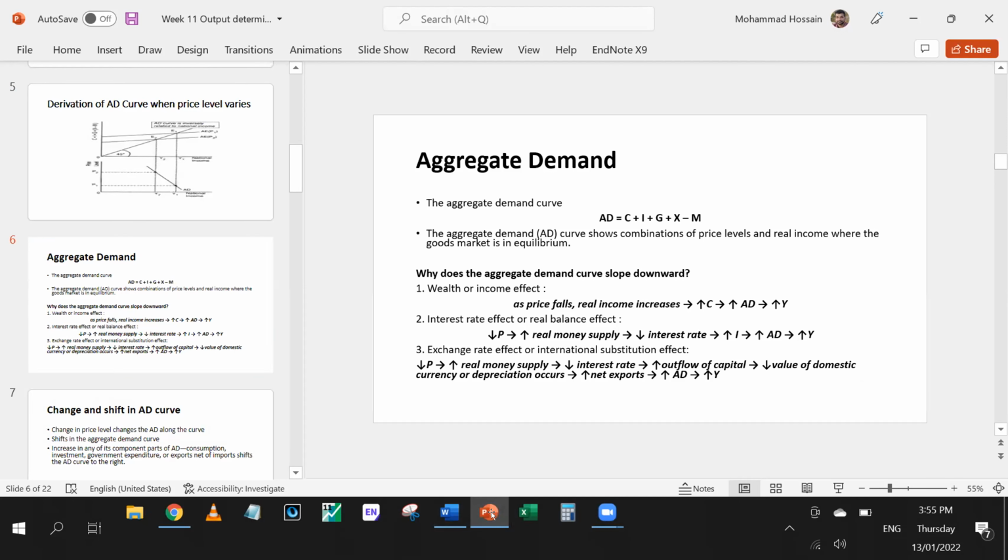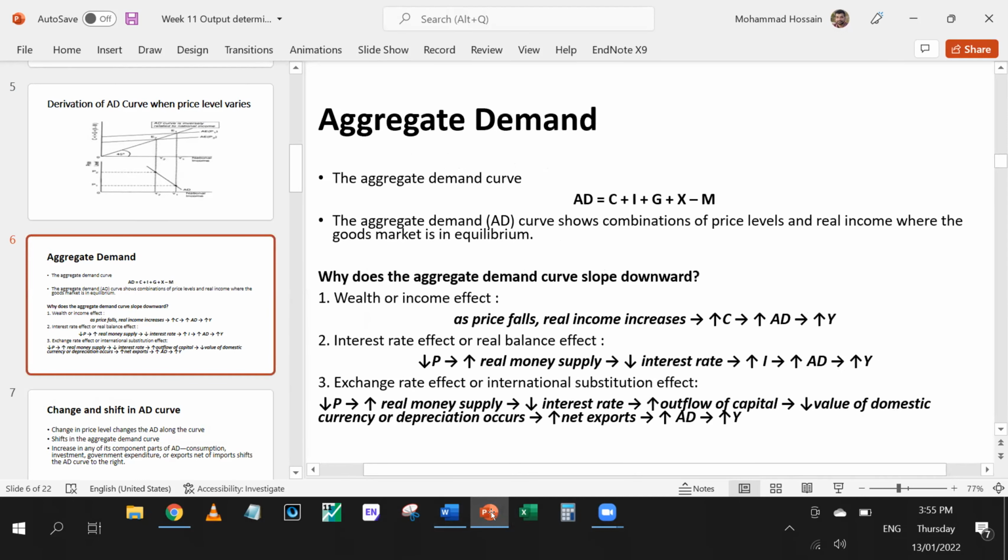We know that aggregate demand is equal to C plus I plus G plus X minus M. The aggregate demand curve shows the combination of price level and real income when the goods market is in equilibrium. So it's showing you the relationship between the aggregate demand curve and the price level.